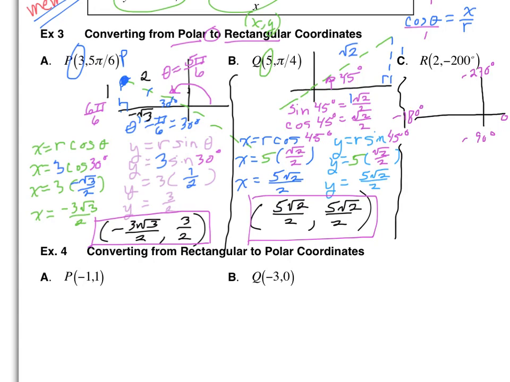So negative 200 has to be in between negative 180 and negative 270, and so we end up with our polar line going through there, so to speak.